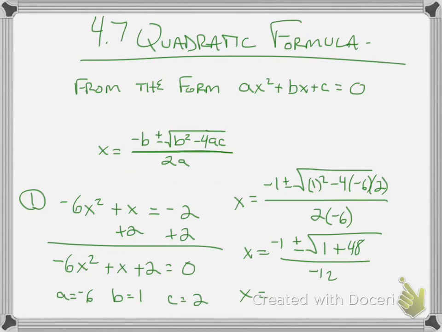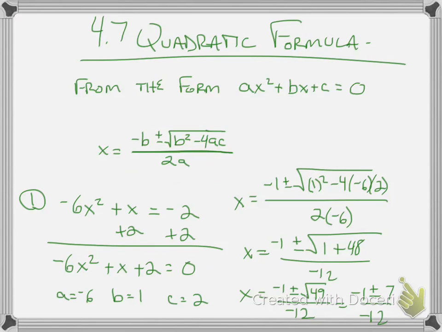Go ahead and simplify that part now. I have negative 1 plus or minus the square root of 49 all over negative 12. Well, the square root of 49 can actually be simplified in itself. So if it can, you need to go further. The square root of 49 is 7.